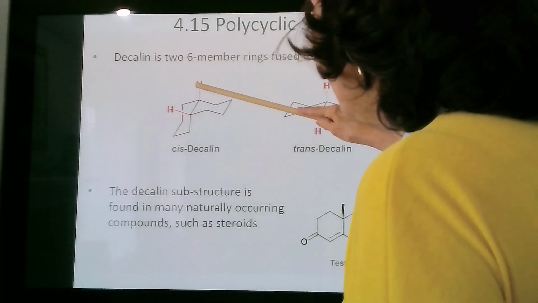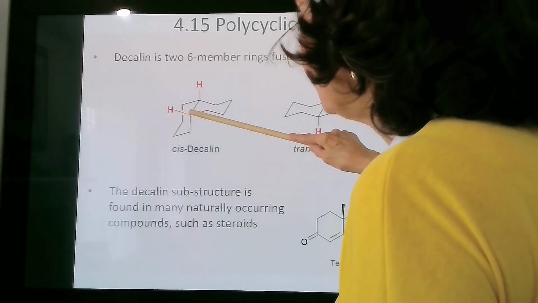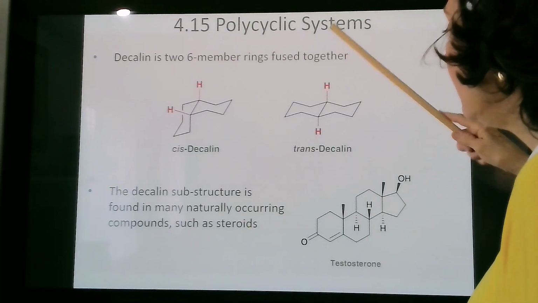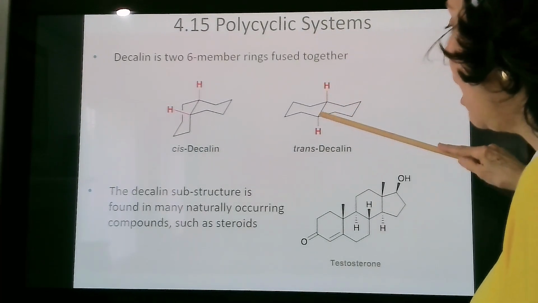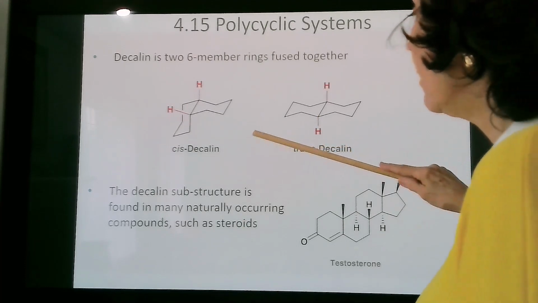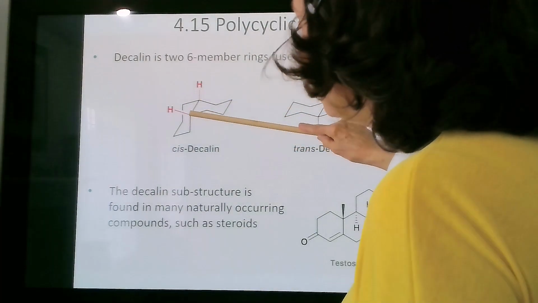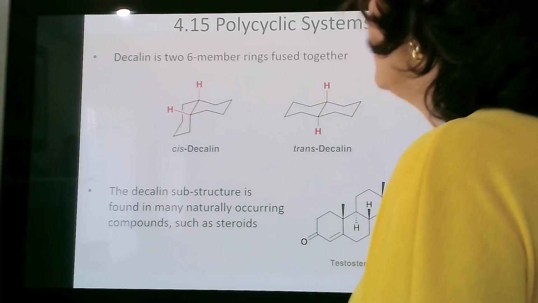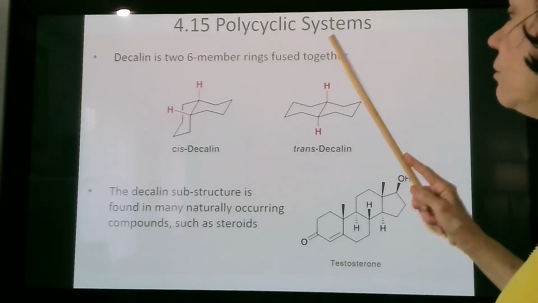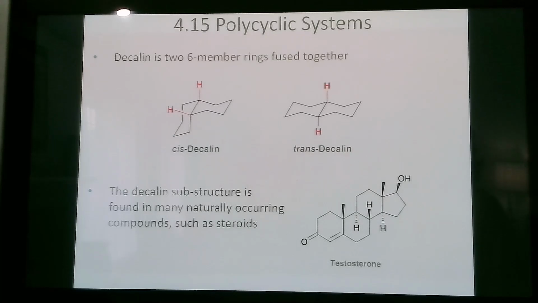You can see the two hydrogens are both on the same side of the rings. Here you can see the two hydrogens are on opposite sides of the rings. This one's going up, this one's going down. Here, this one's going up, this one's going up, sort of. So, this is showing you cis and trans in polycyclic systems.